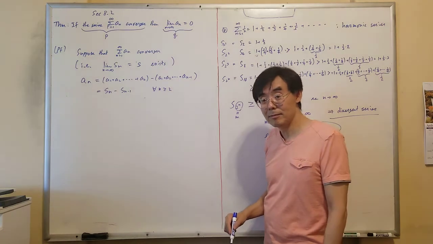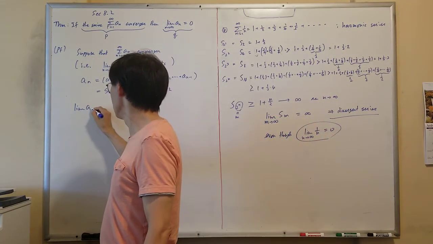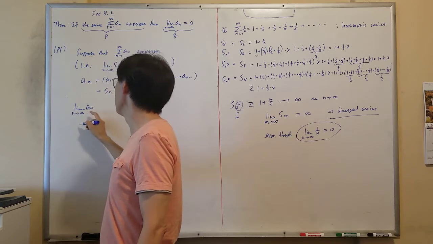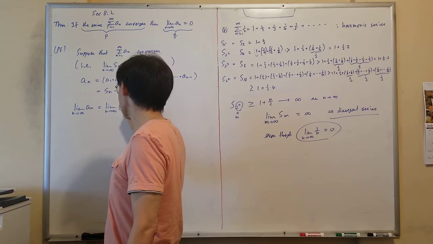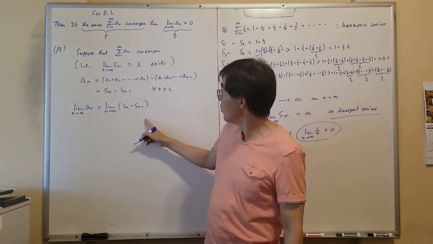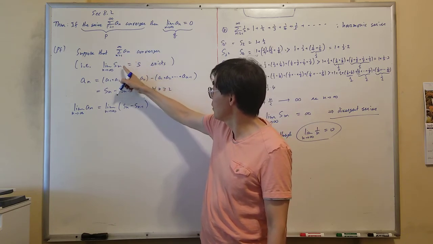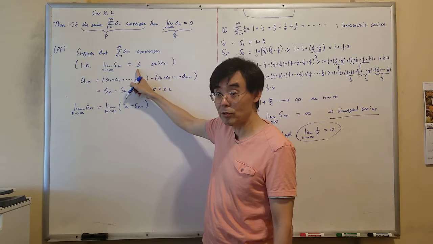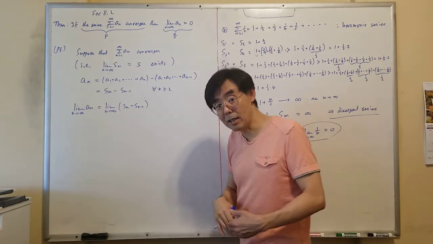Okay? Then the limit of a_n, we want to know what the limit is if it exists. The series being convergent means that S_n converges to S. S_{n-1} is the same sequence, just one step behind.